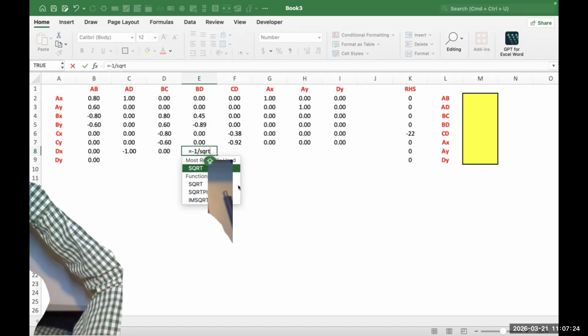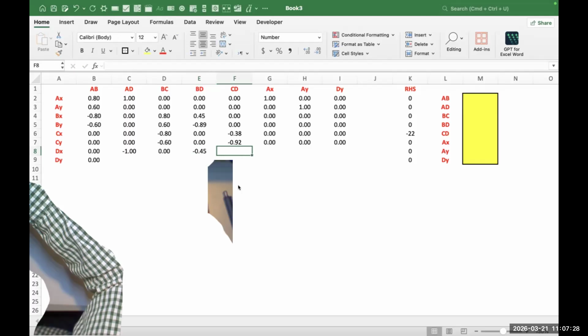I didn't need to say equal, but it doesn't harm. And then CD is positive 5 over 13 equals 5 over 13. And then 0, 0, 0, 0, 0. And finally, that's the last line.